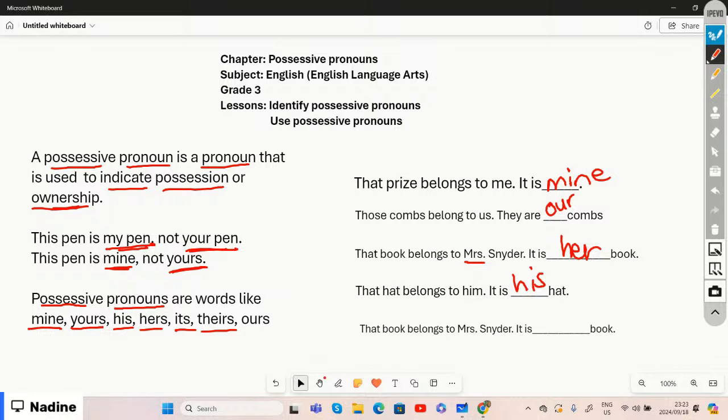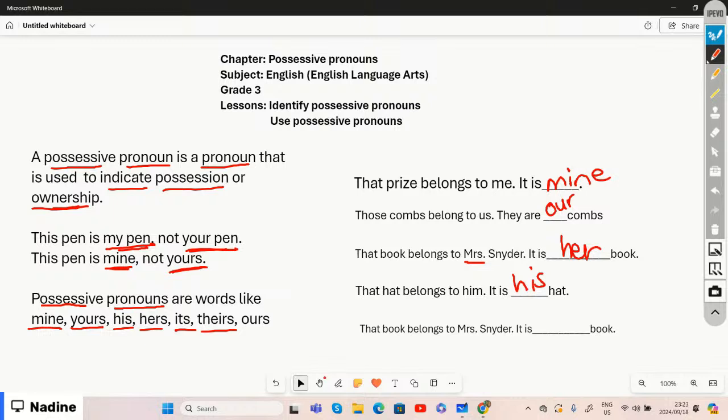And let's look at the last one. It says that book belongs to Mrs. Snyder's. It is her book.